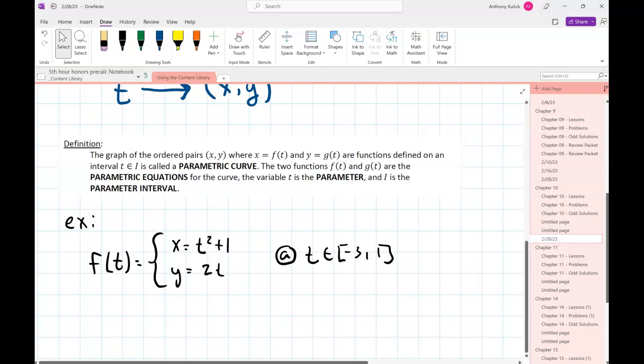So this is an example of a parametric function. We have x defined as t squared plus 1, y is defined as 2t, and the t's that we're considering are those between -3 and +1.